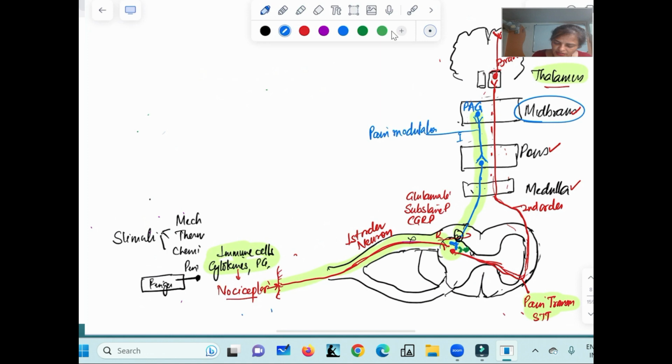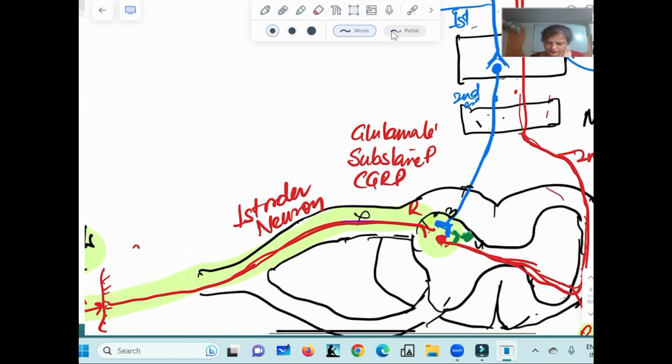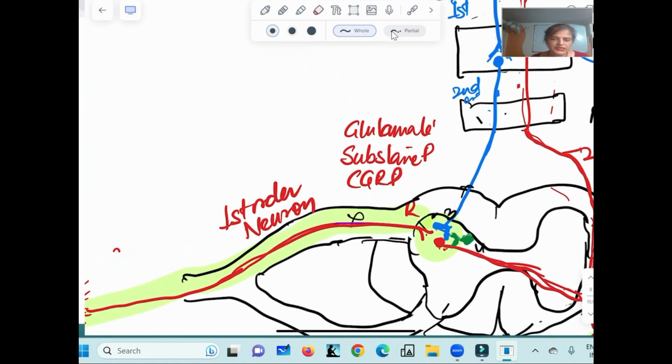This is the first order neuron here, and it is going to relay in the pons. From here the second order neuron will start, and ultimately it is going to relay in the dorsal horn of the spinal cord, and it is going to make an inhibitory communication with this.